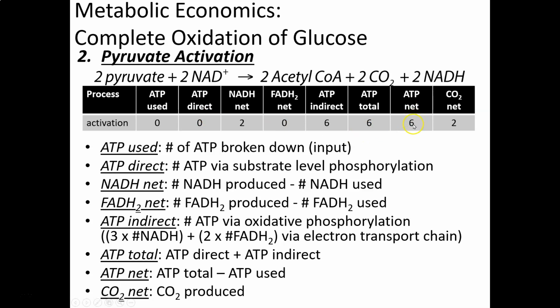ATP net, total minus used, 6 minus 0 is 6. CO2 net, for each pyruvate we activate to acetyl coenzyme A, we get off a CO2. Since this is for a whole glucose molecule, we get 2 pyruvates per glucose, so it gives us 2 CO2 nets. And again, this happens the same in the liver or skeletal muscle.